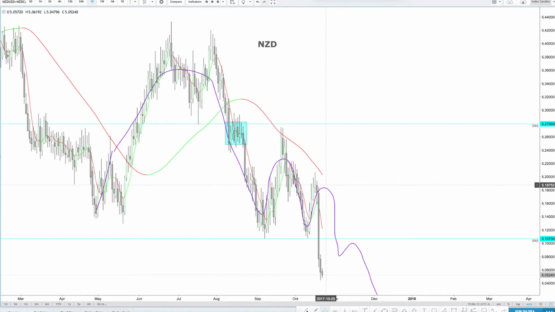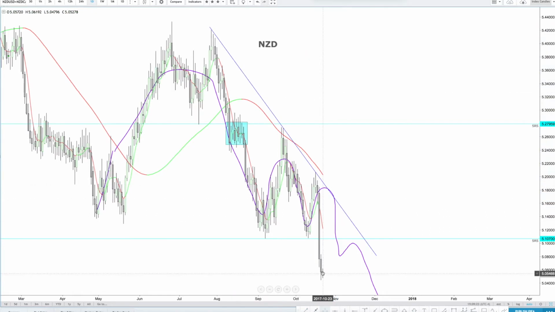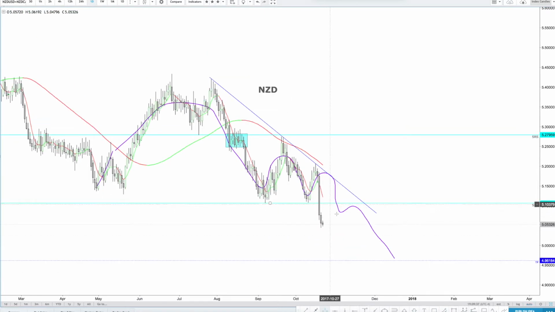So we're looking at, hard to tell, and I don't know what to write down for NZD at this point because I am bearish on it obviously, but neckline, I'm gonna write down NZD down, but I'm also gonna write down wait. All right.